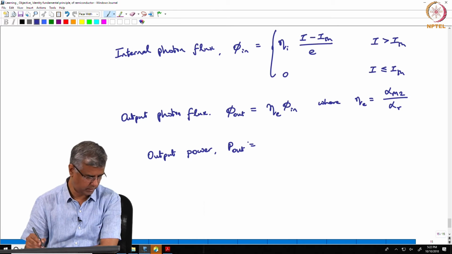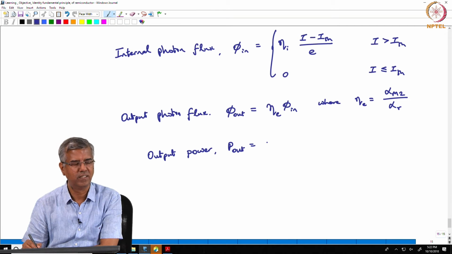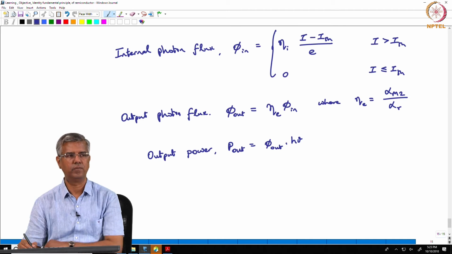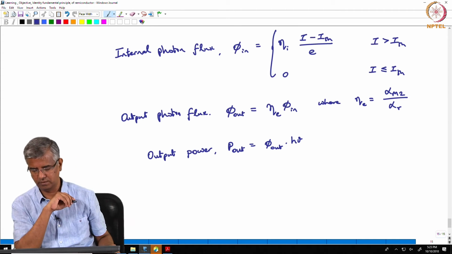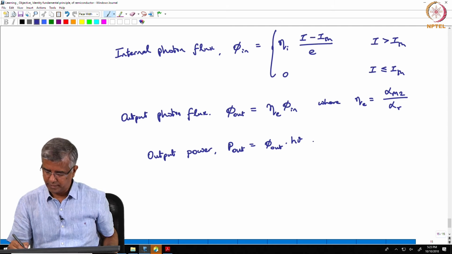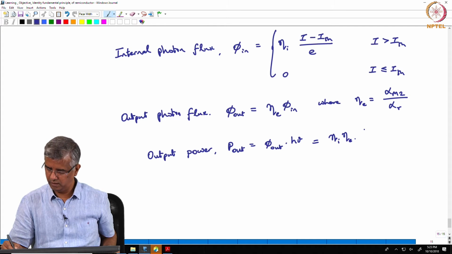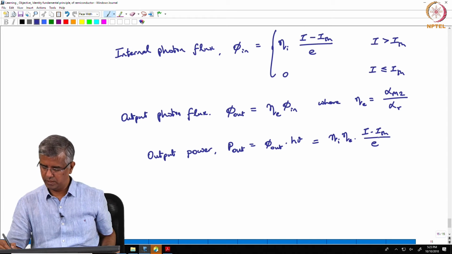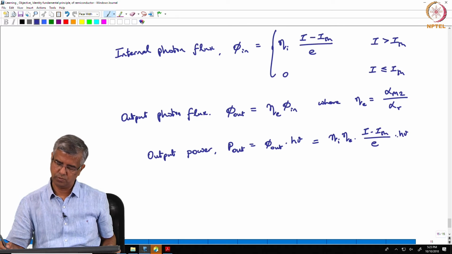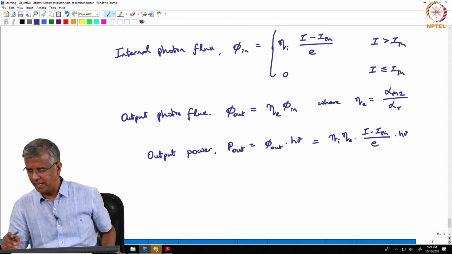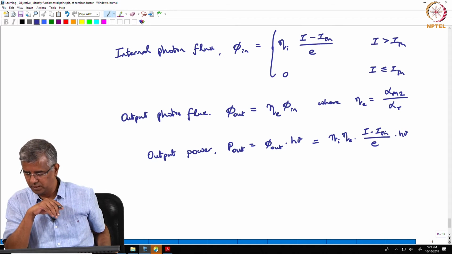And from photon flux, hopefully by now you know how to write the expression for output power P out, that is just phi out times h nu, the energy of the photon, right. So, if you were to write it all out, we would say this is equal to eta E times I minus I threshold divided by E multiplied by h nu. You can track this, just like we did previously.